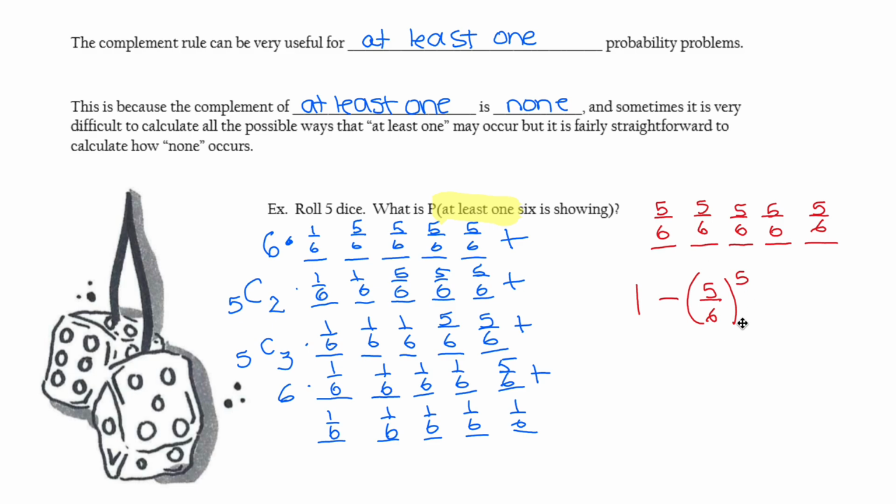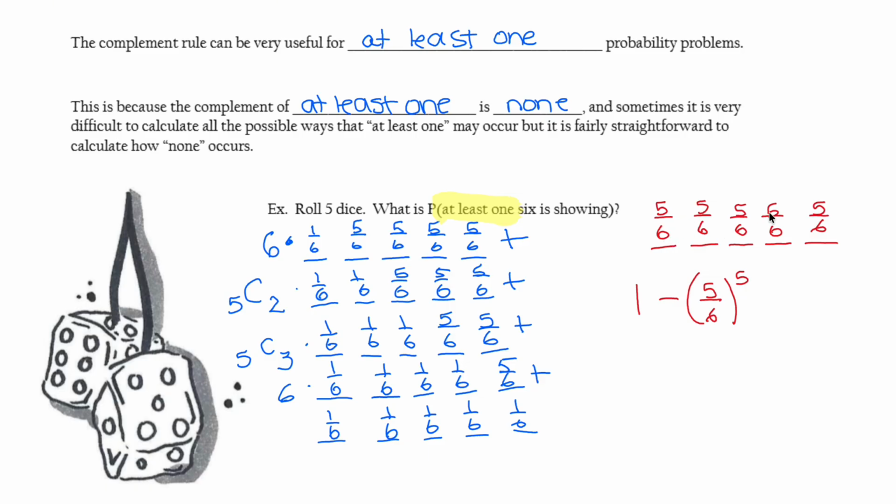Because we don't want to have a 6, we only have 5 outcomes left in the sample space. And for each die, we also don't want to roll a 6. Therefore, each die has a probability of 5 over 6 of not showing a 6.